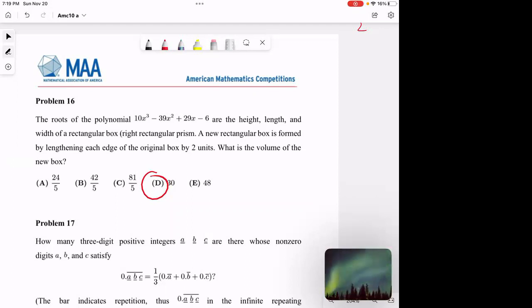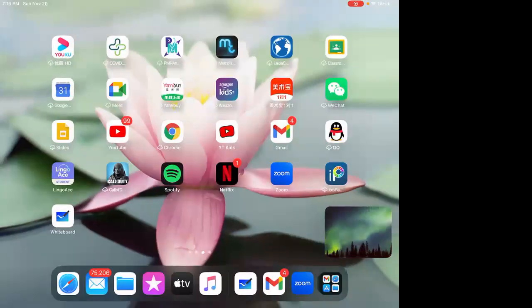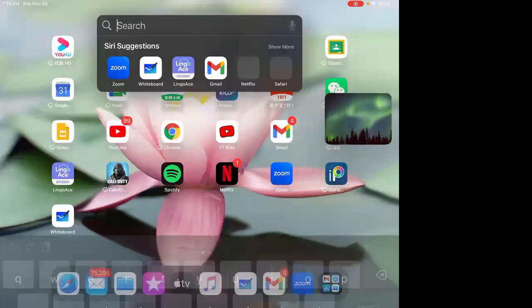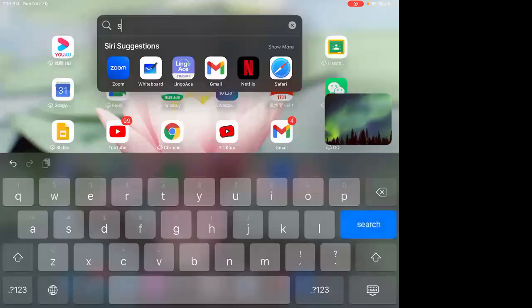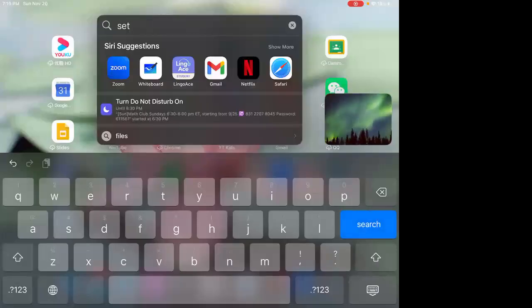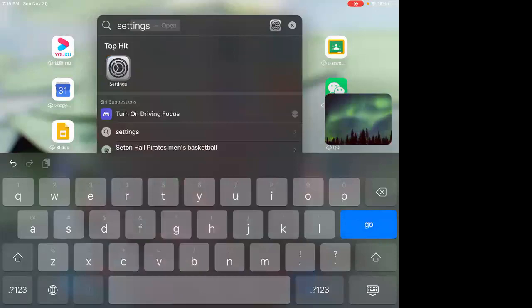So Vieta's formula doesn't just apply to quadratic equations. It also applies, let me see if I can connect my pencil. Oops, sorry, wrong app. Hopefully this works.